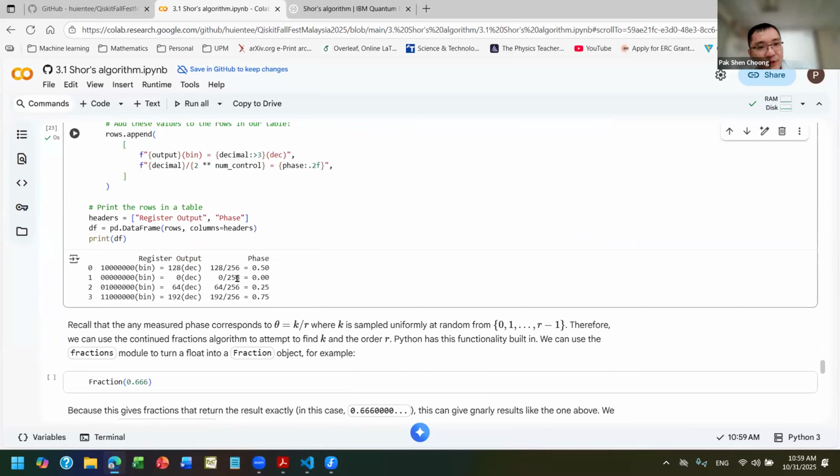So in order for you to identify the phase, basically you need to look at, so you have four sort of like results that you measured. So this will be the phase, basically these four are the phase.